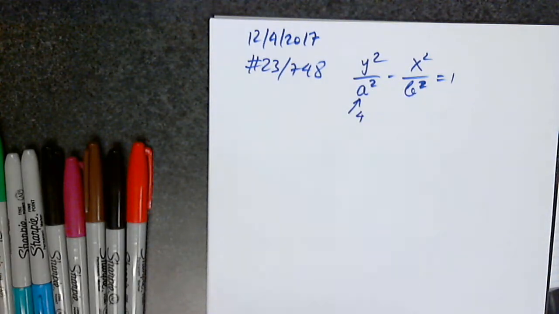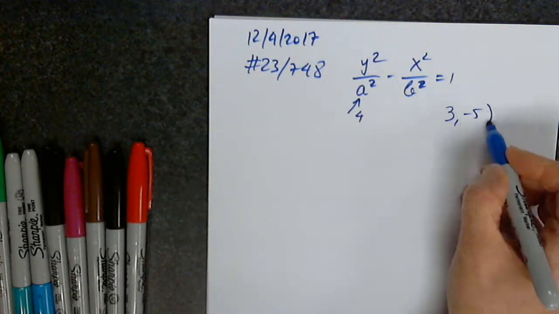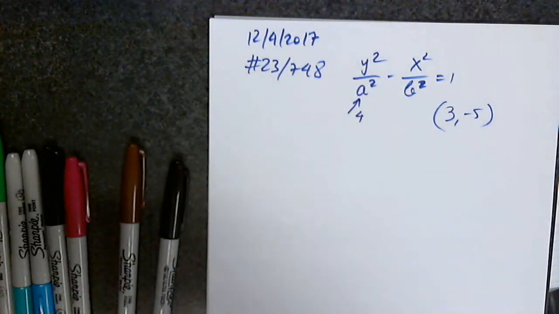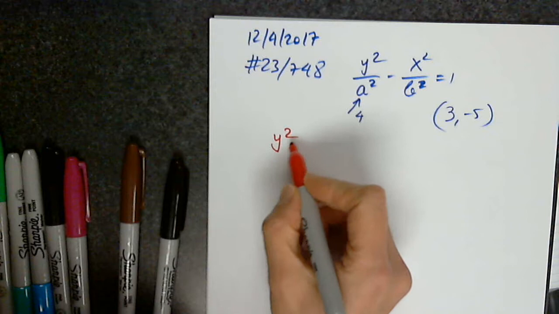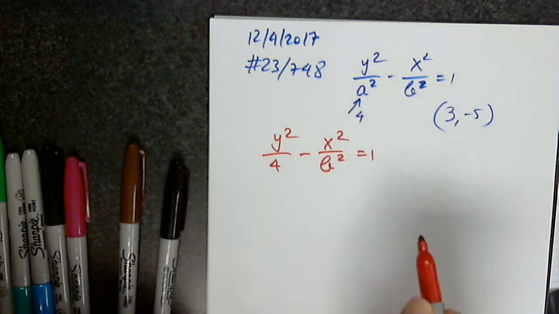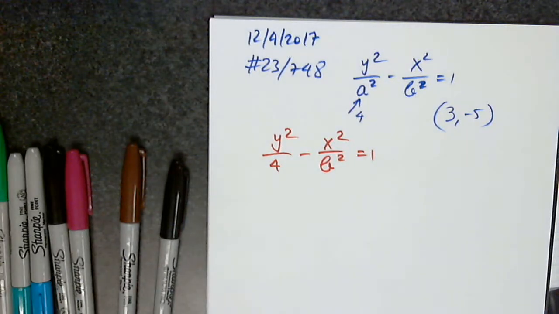And I'm given the point 3 comma negative 5. So what I know so far is that the hyperbola looks like this for now. And I am given one more piece of information. What does this point say to us? The hyperbola goes through that point.